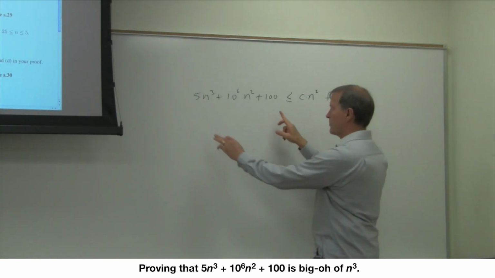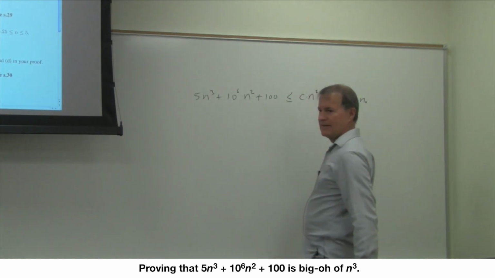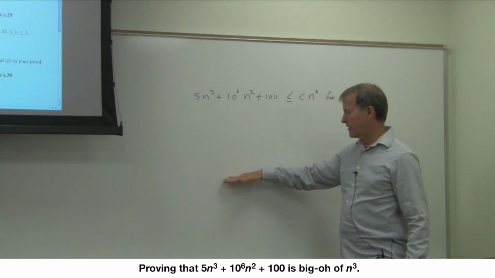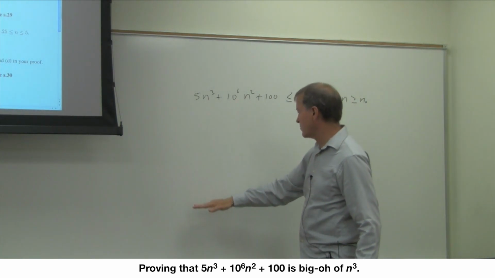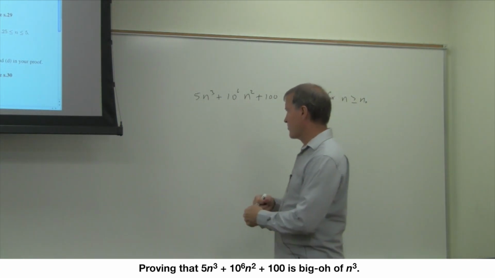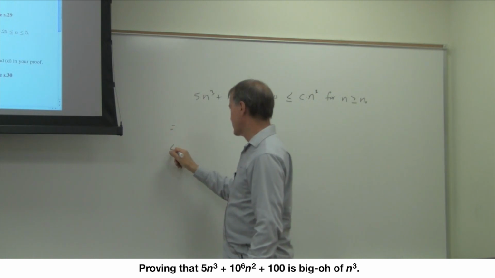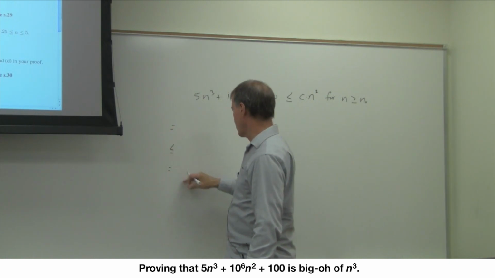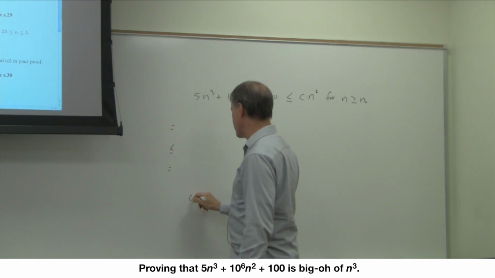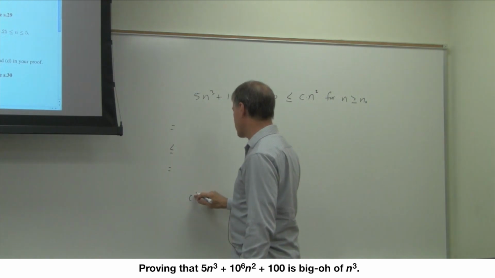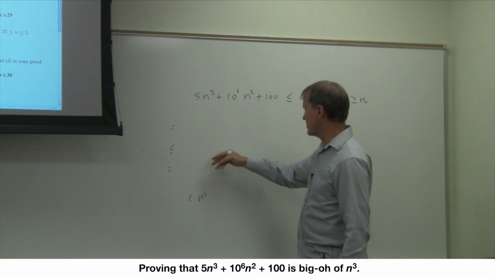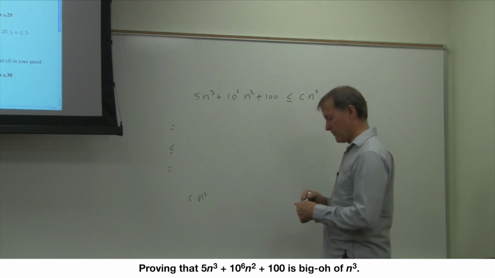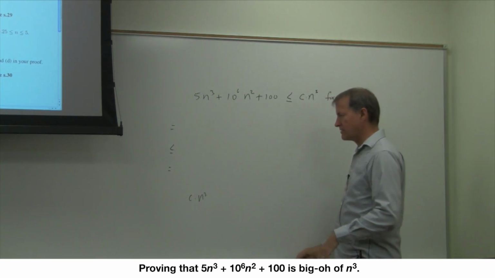And then we start with this, and we do a number of steps, and in the steps we have either equals or less than or equal to, in whatever order, and we finally get down to C times n cubed. In the process of doing this, we come up with actual values for C and n naught.